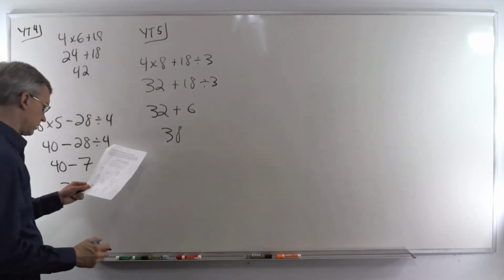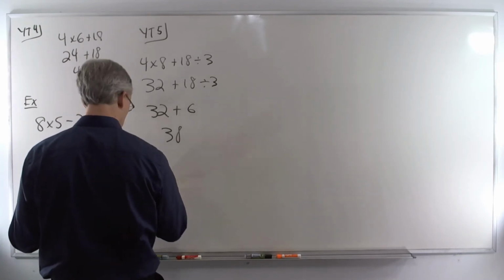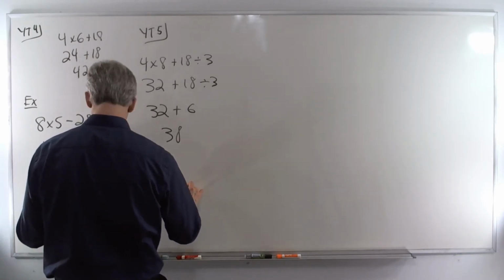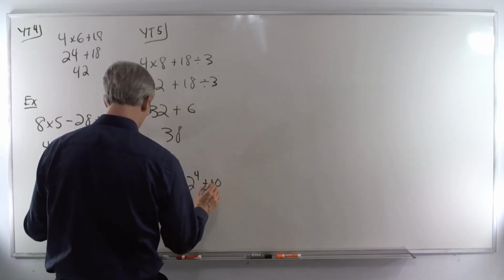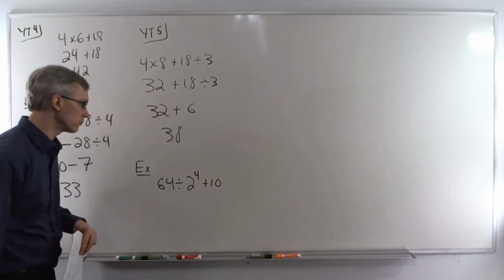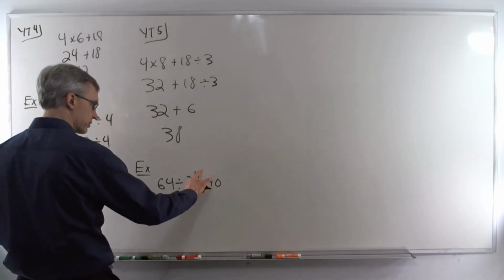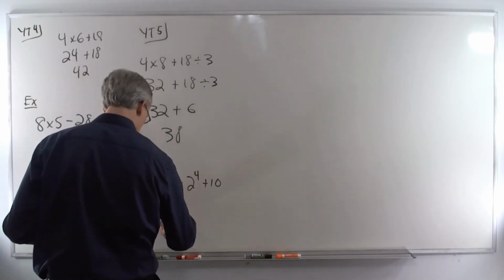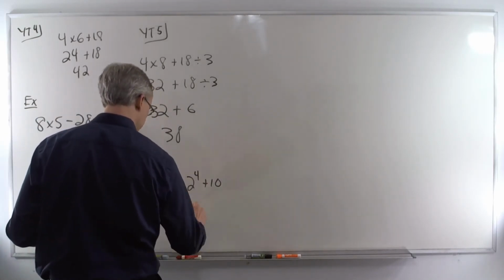Next up, 64 divided by 2 to the 4th plus 10. For the first time now, we actually have an exponent in the expression, so we're going to do that first. 2 to the 4th: 2, 4, 8, 16.